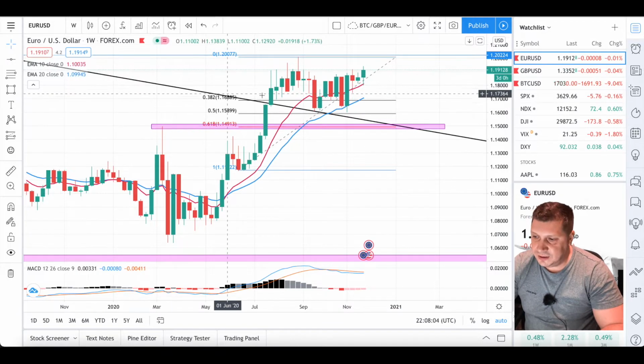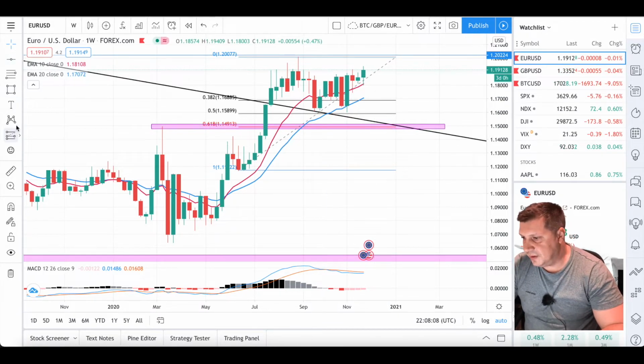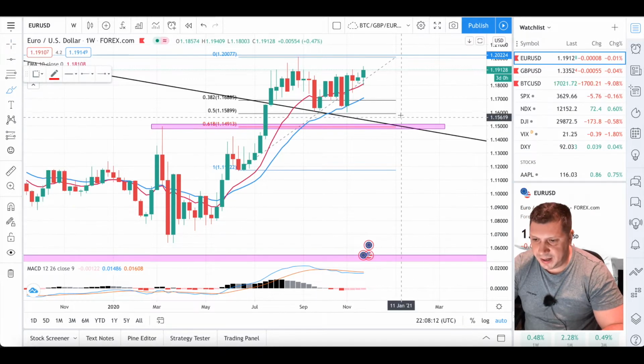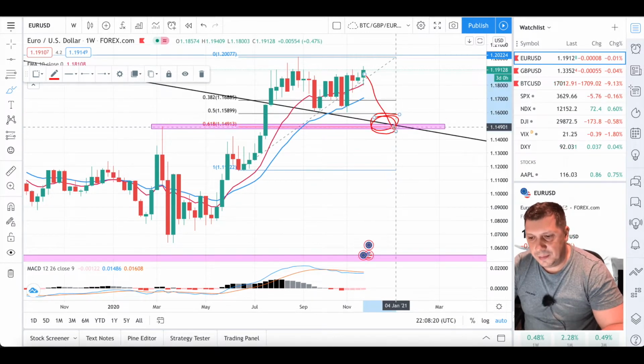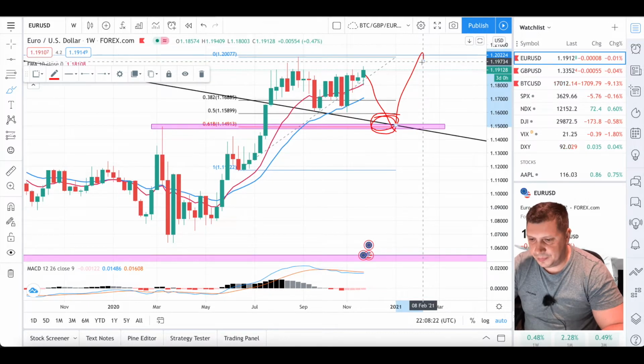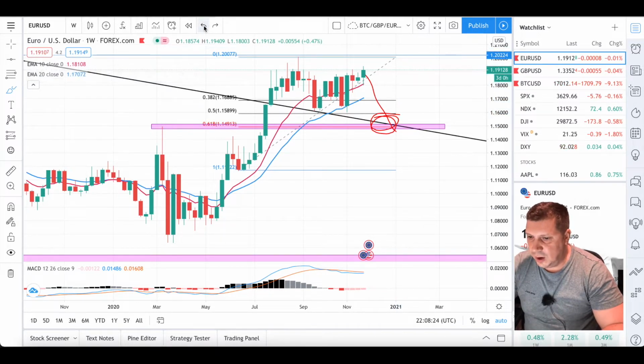And if we look to this support line on a monthly, this is basically the area that we should expect to see for market to hit right here before it goes up. So why is this area so important?